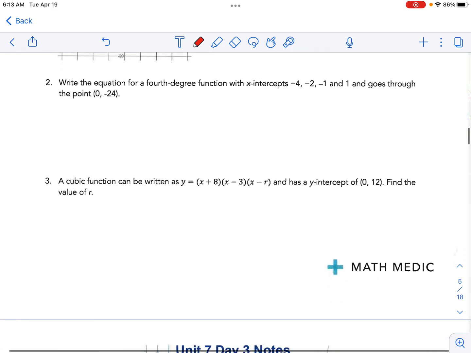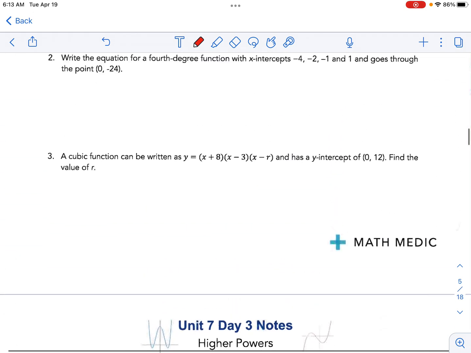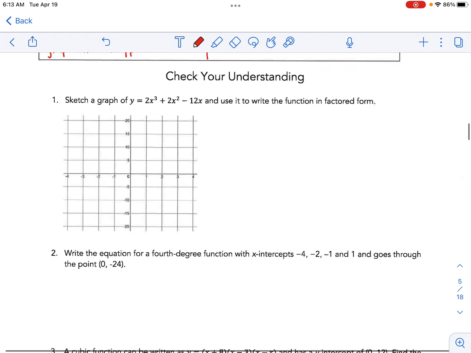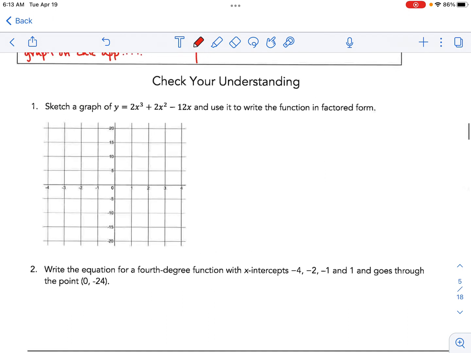But you can do the check your understanding and look at the notes on Blackboard for those solutions if you want extra practice. And shoot, I don't have the homework in this packet. Okay, let me preview the homework and the check your understanding, since I don't have the homework put in here.